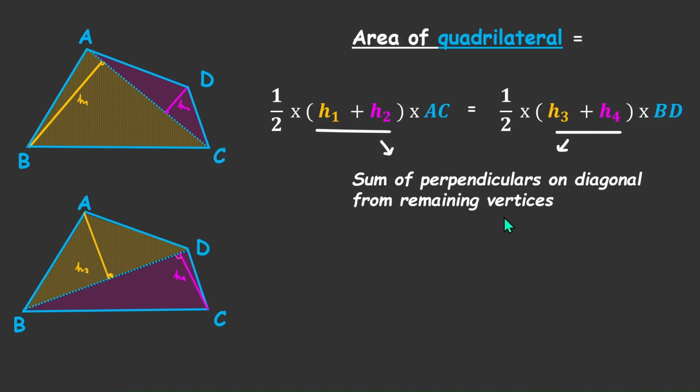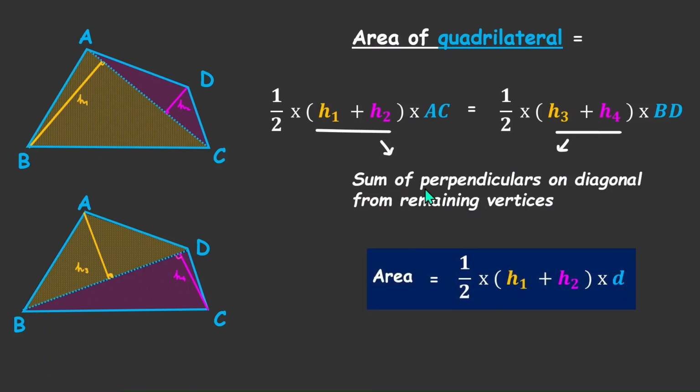So this makes the formula very generic now, because we can write the area of the quadrilateral simply as half into (H1 plus H2) into D, where H1 plus H2 is nothing but the sum of perpendiculars on the diagonal from the remaining vertices, and the diagonal in question is D. So if we had taken D as AC, then H1 plus H2 would be this H1 plus H2.